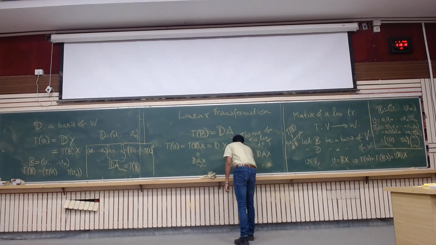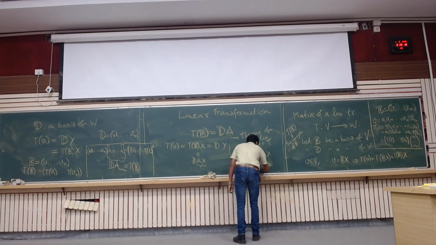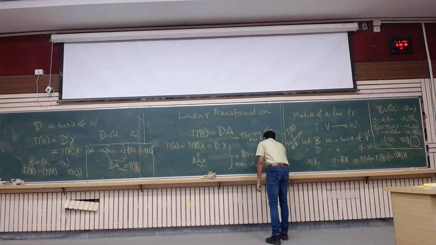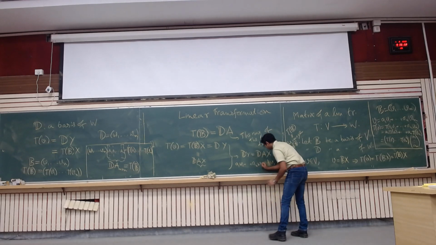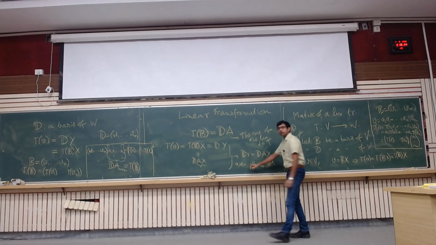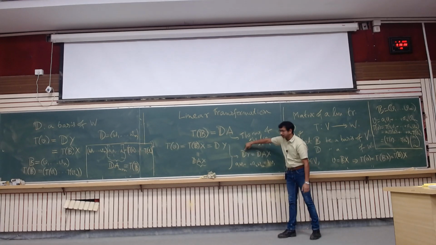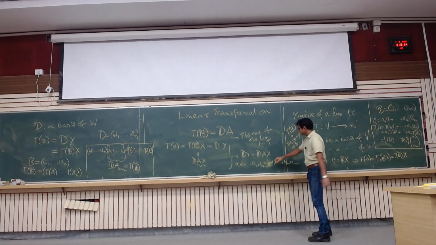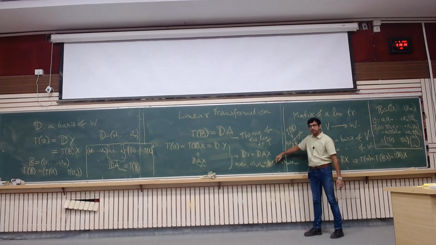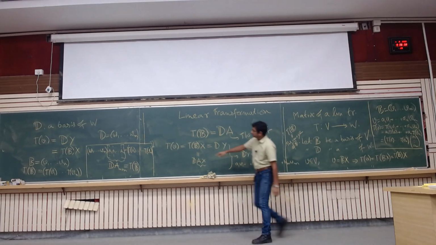Suppose this one is A1 W1 plus dot dot dot plus AM WM, and suppose this is another one, B1 W1 plus dot dot dot plus BM WM, where W1 to WM are the basis vectors, that is the elements in D. Suppose these are two different expressions, both representing TV.